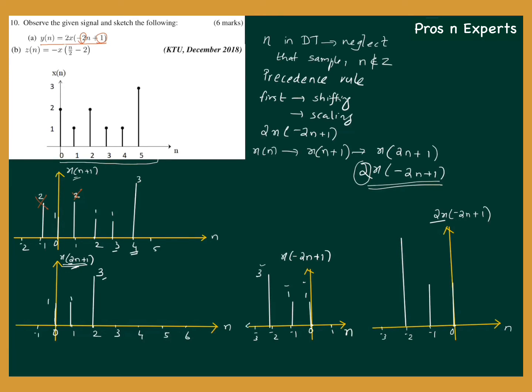This is very simple. We are just doubling these samples, because it is an amplitude operation. So this is the final answer to be obtained for question A.